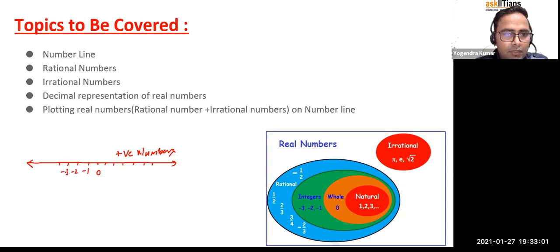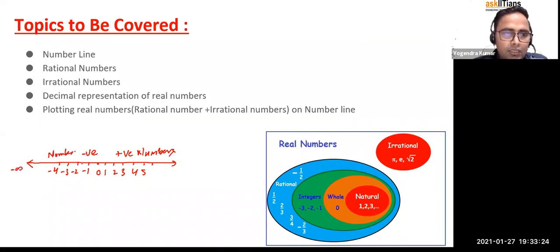This is the standard we keep, and everyone will follow it. It is not different from person to person. You can't keep different numbers on the other side, you can't change this. This is what we need to remember about the number line.